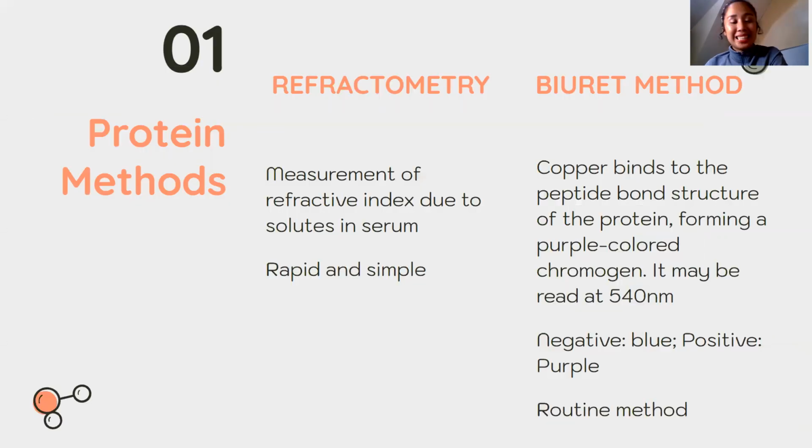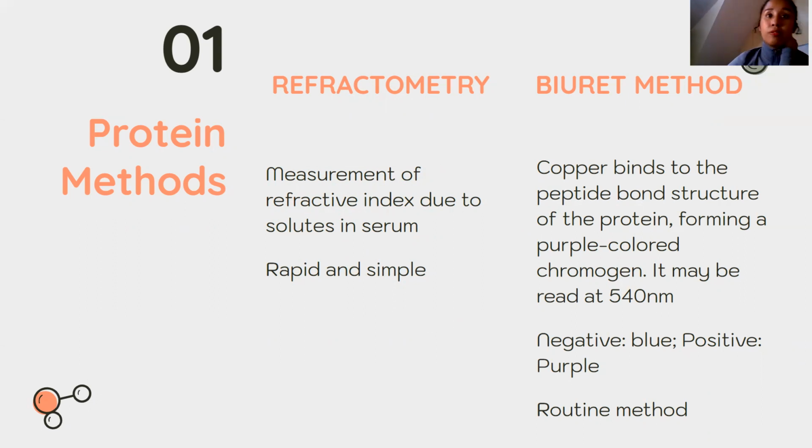Okay. So class, andito na tayo sa methodologies. So how are protein measured in the laboratory, ma'am? Ano yung mga principles? So first one is refractometry. So we use a refractometer. Measurements of the refractive index due to solutes in serum. When we say refractive index, class, it's the bending of light, di ba?